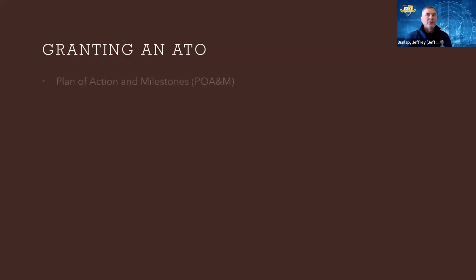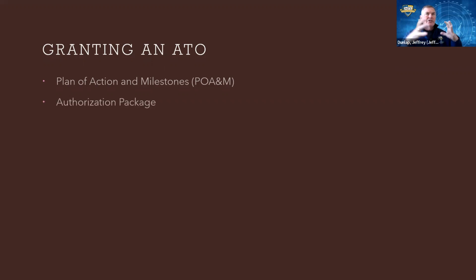So what is the AO looking at? Granting an ATO goes along this path. Think about the initial capability. I come up with a plan of action and milestones: how am I going to secure the software, what implementation I'm going to do, and so on. I come up with an authorization package.